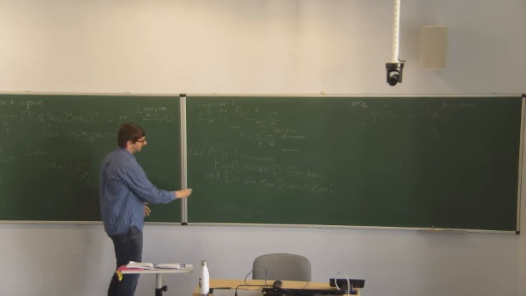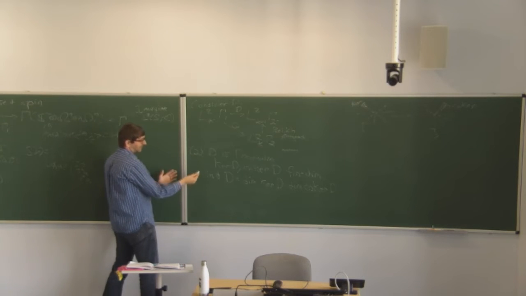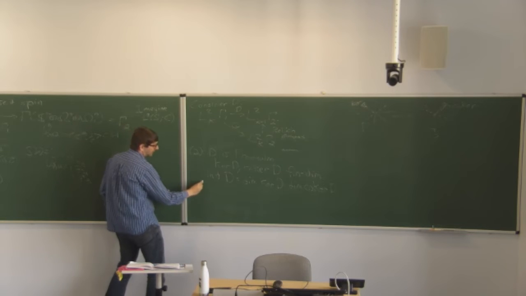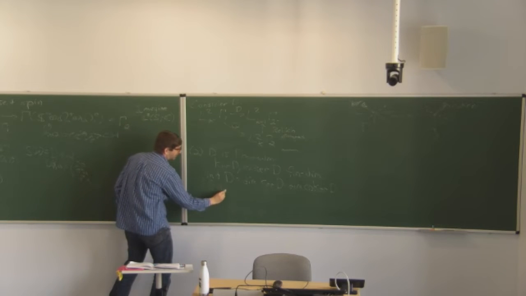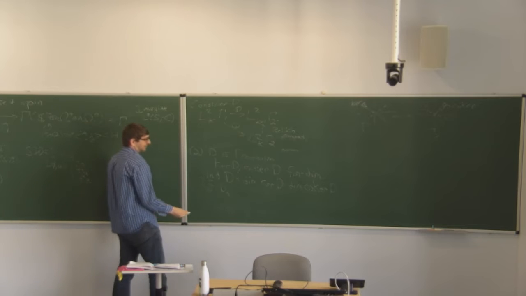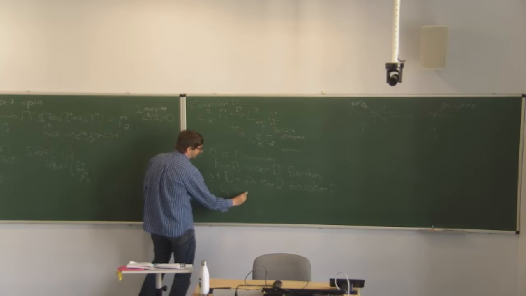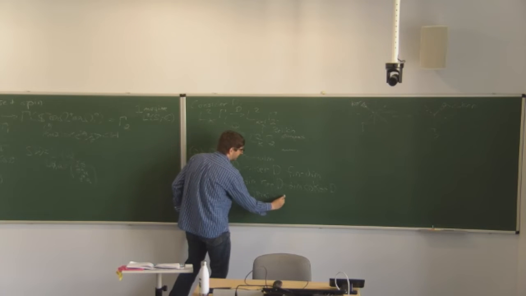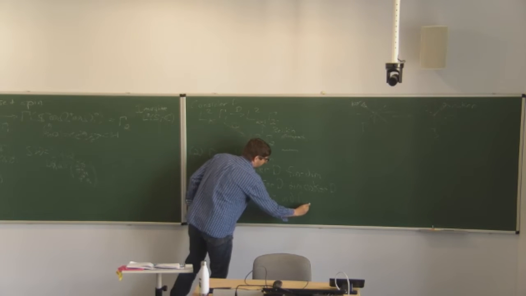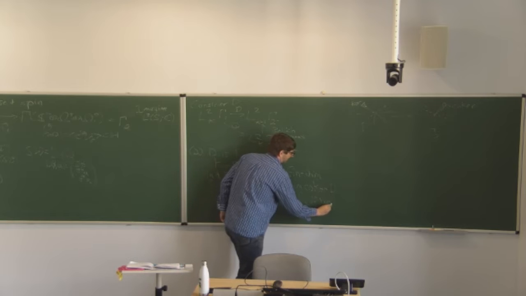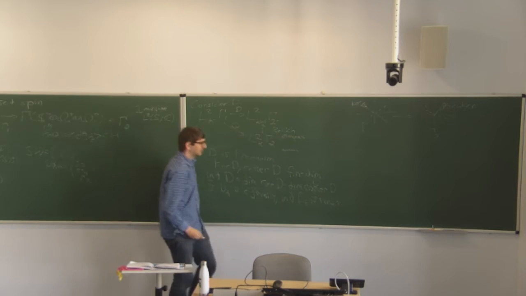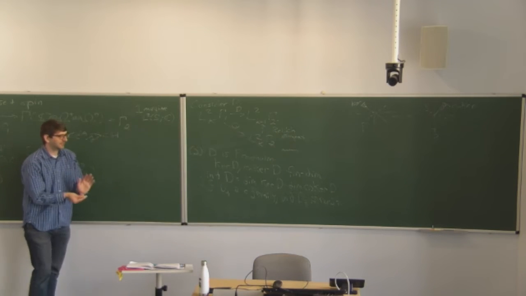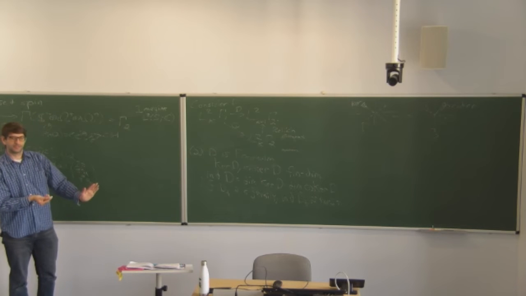But maps like this have a lot of special properties. One of them is that the index is constant in Fredholm families. So if D_t is a family of Fredholm operators, parameterized by some real variable, then the index of D is constant. So the index of a Fredholm operator doesn't move in families.